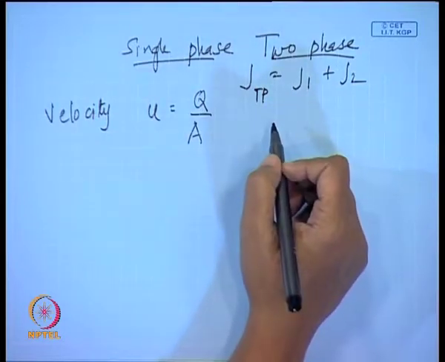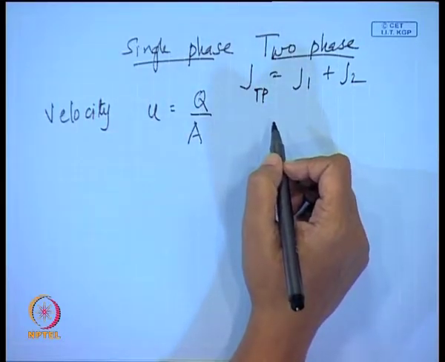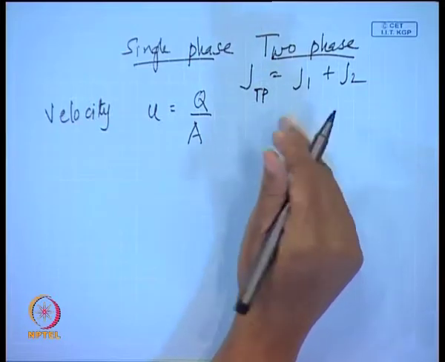In this particular case, what can we have? Remember one thing, we are having two parameters Q1, Q2. We are having total cross sectional area A, and we are having A1, the actual cross sectional area occupied by phase 1, isn't it?